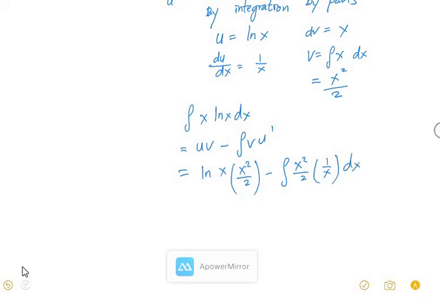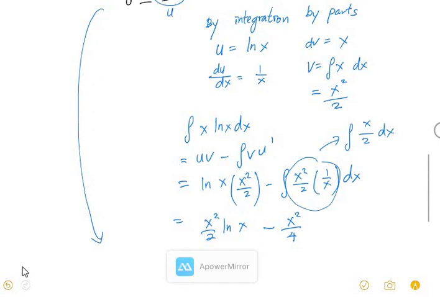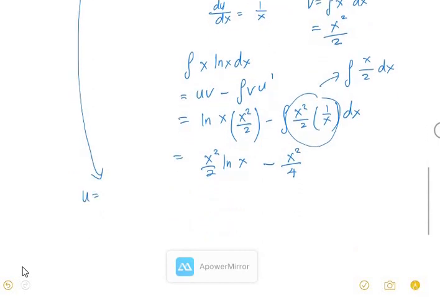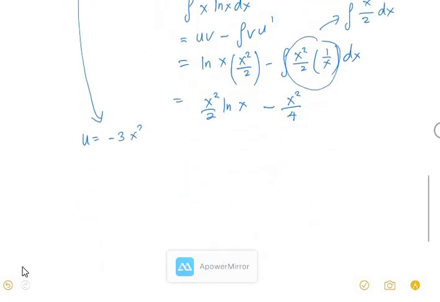Okay, so we follow the formula. Let me share with you the formula. Integrate x ln x dx is uv minus integrate v u prime. So u is ln x, v is x squared divided by 2, minus integrate v, x squared divided by 2, u prime is 1 over x dx.